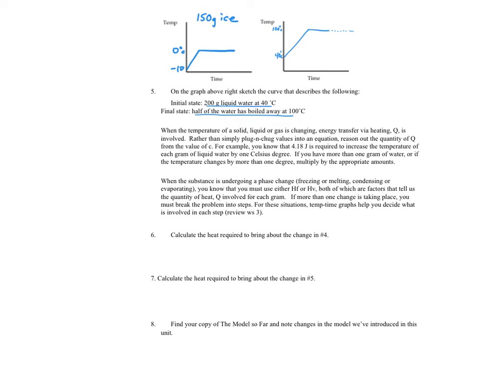So we've already got our heating curve done. We're going to need 2 different calculations. So for the first calculation, I've got a temperature change. So for 1, it's going to be Q equals mc delta T. We're solving for Q, so Q is my unknown.